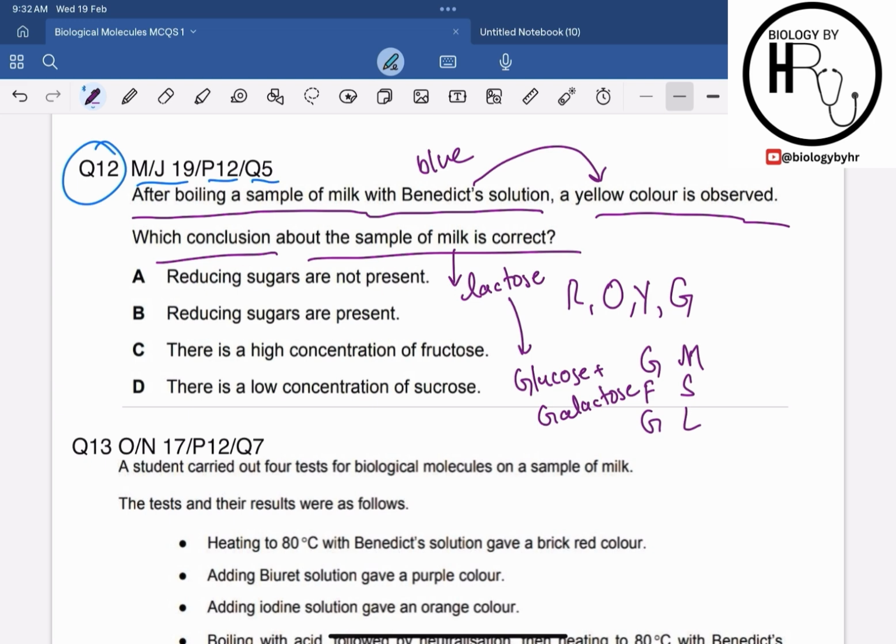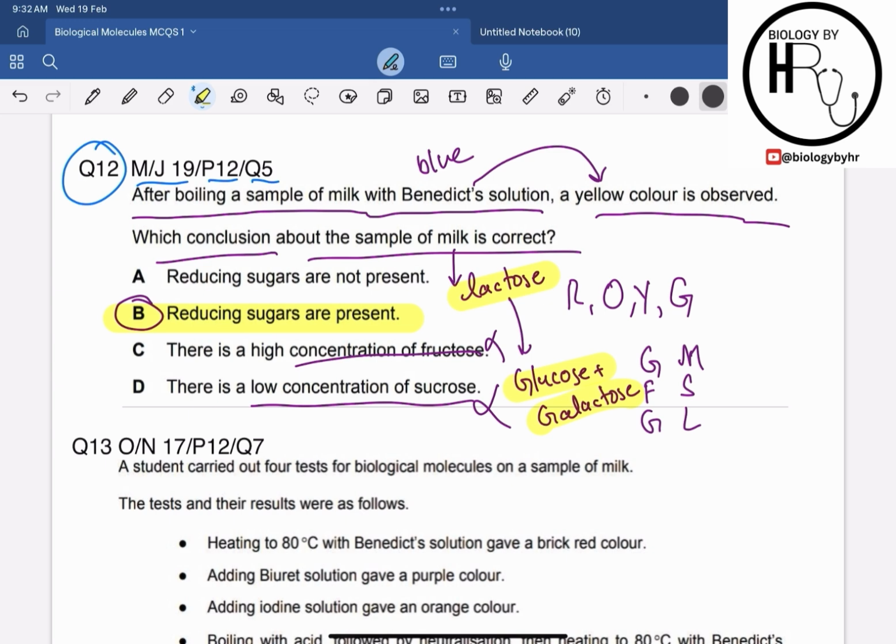So is there a high concentration of fructose? No. Is there a low concentration of sucrose? No, because it is not the milk sugar. Reducing sugars are not present? No, reducing sugars are present. Hence option B is our correct answer, that the reducing sugar is present, and the reducing sugar present in the milk is lactose, which is made up of the glucose and galactose monosaccharides.